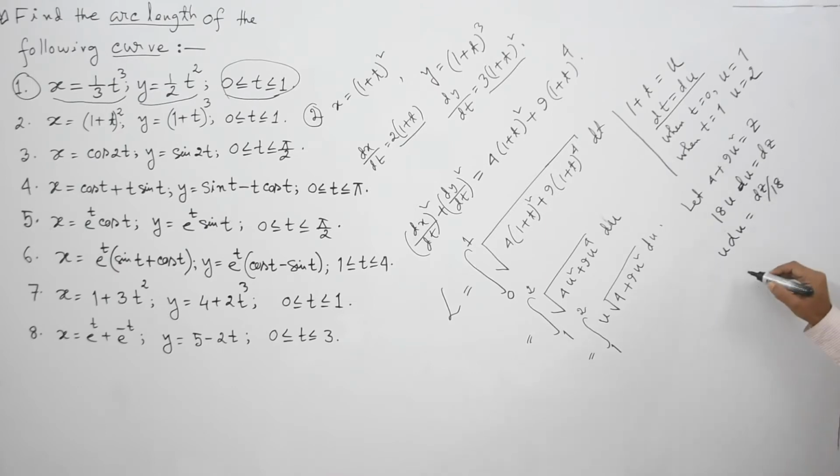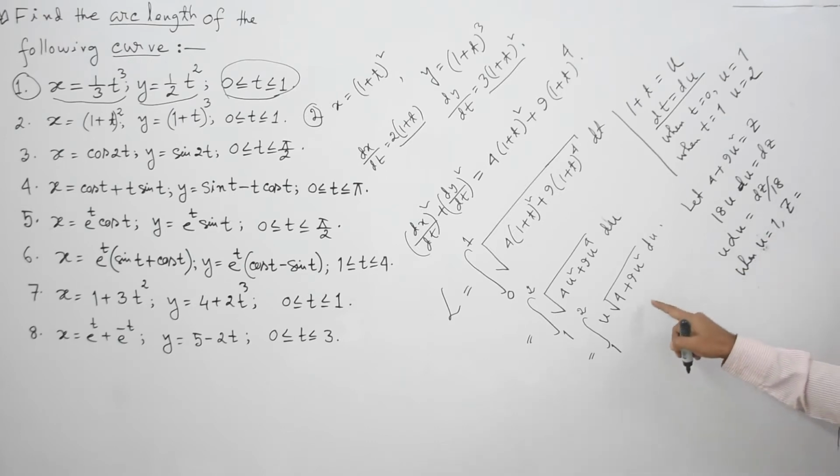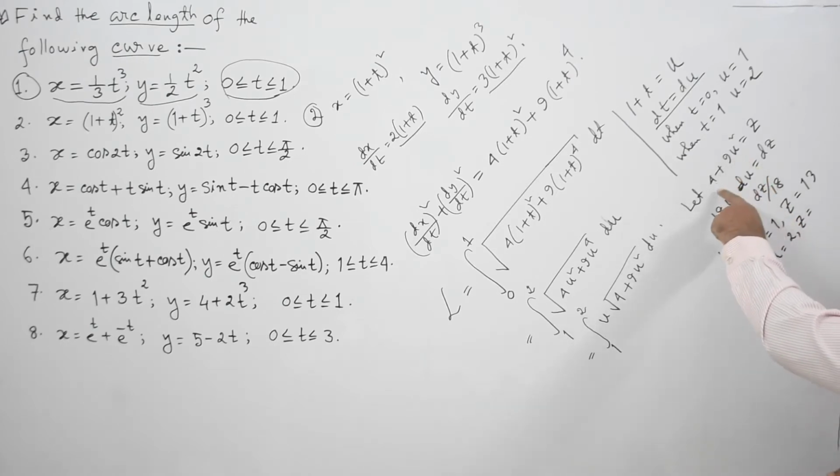When u equals 1, z equals 13, and when u equals 2, z equals 36 plus 4, 40.